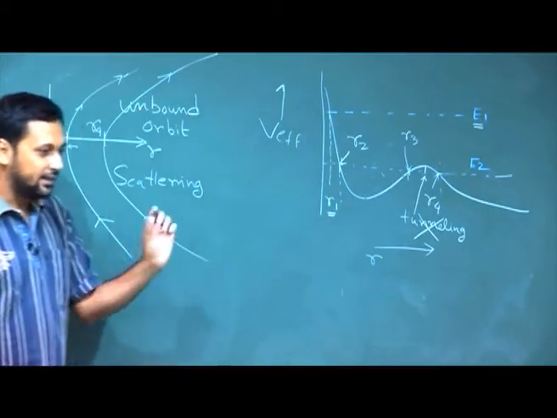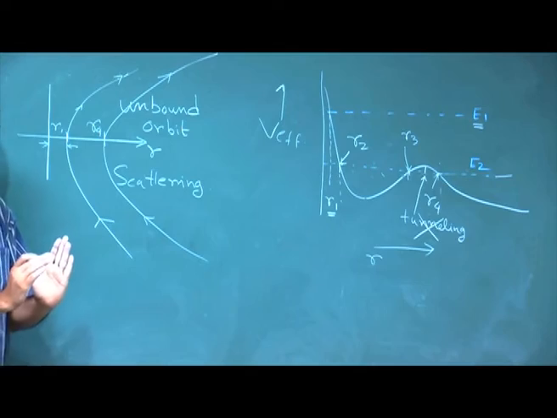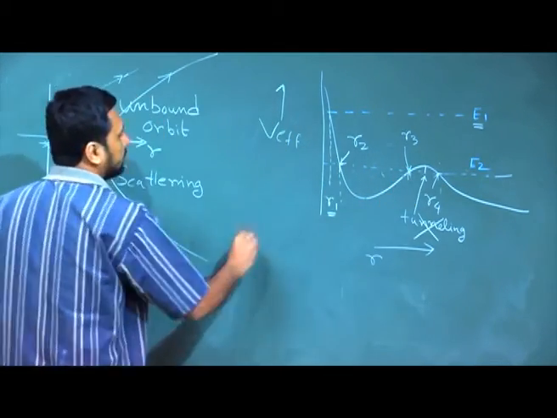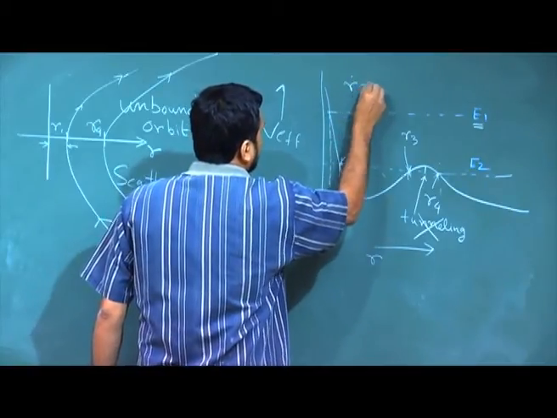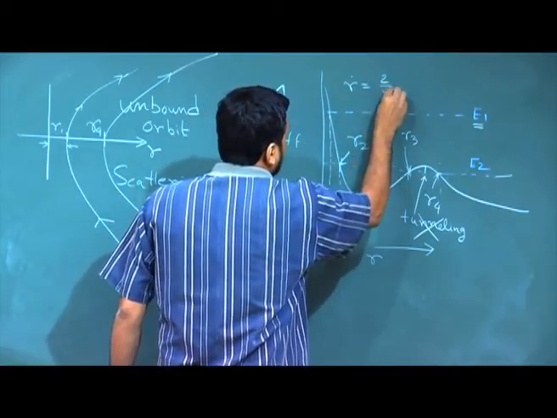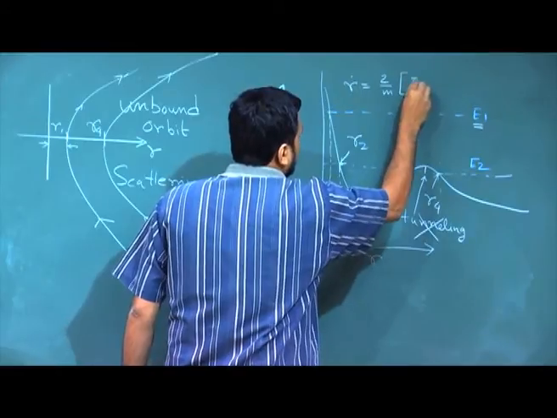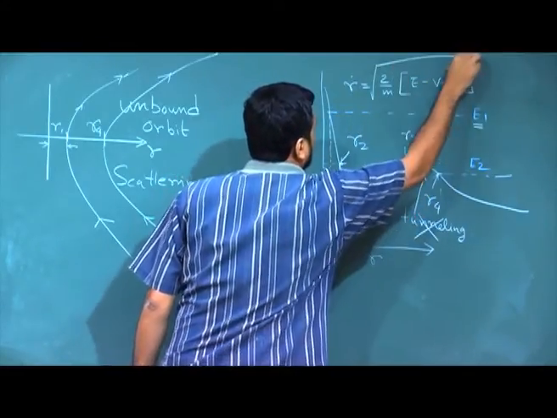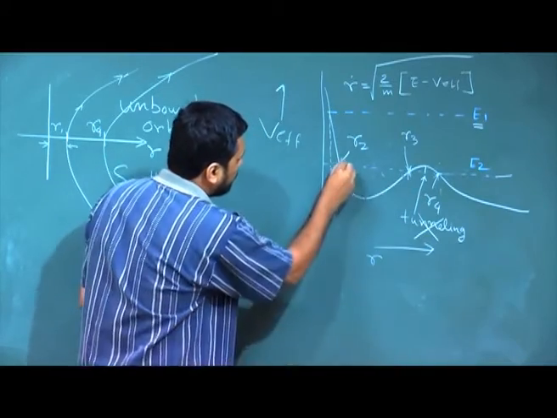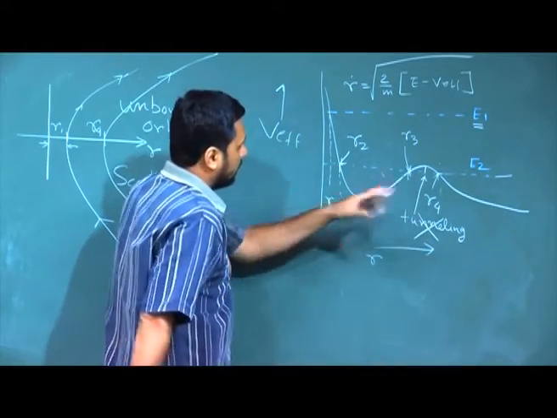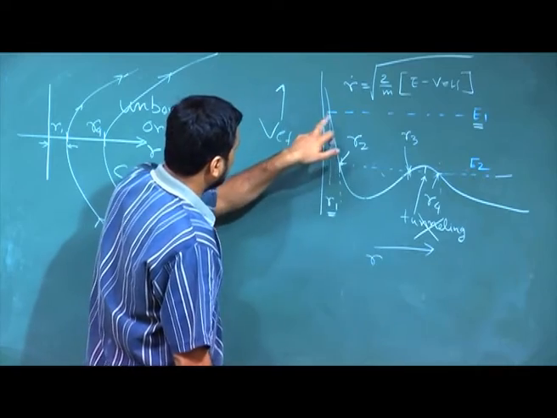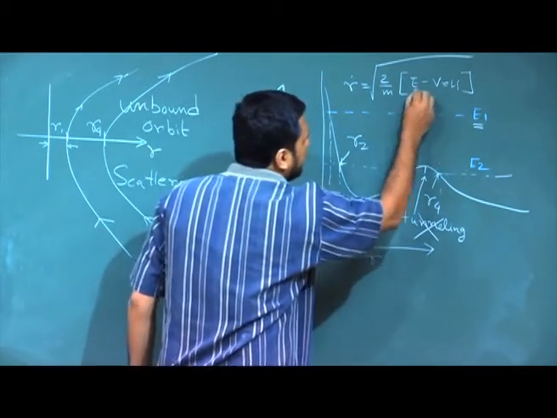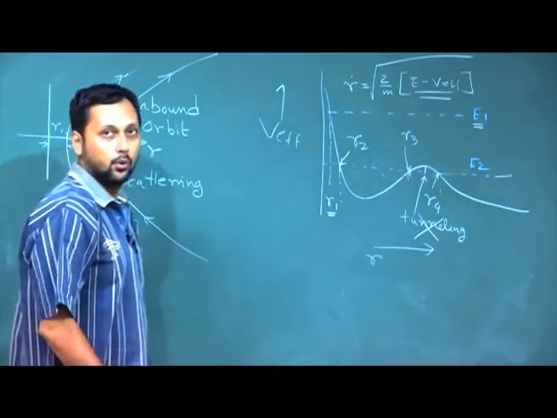Now, if it stays between R2 and R3, these two are the turning points. If you look back at the equation written as R dot equal to the root of 2 by m times E minus V effective, at any point where E and this potential intersect, this particular term becomes 0.